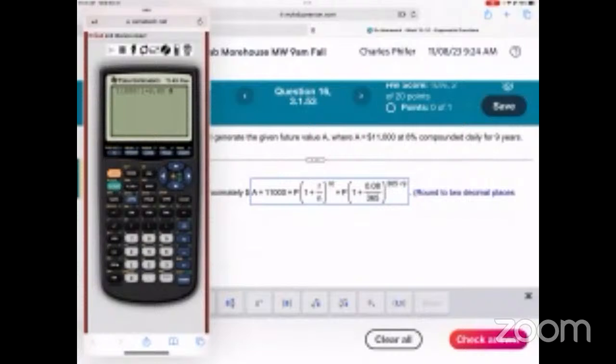Then we want to take that. We're missing something. I'll come back and fix it in just a moment. So to the power, parentheses, 365 times 9. Let's close up parentheses.